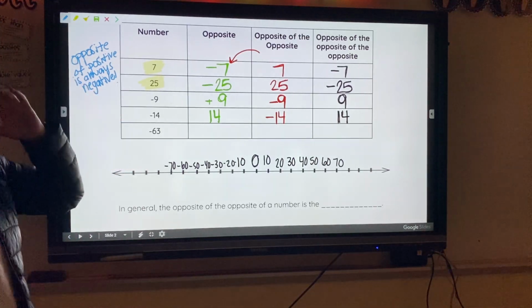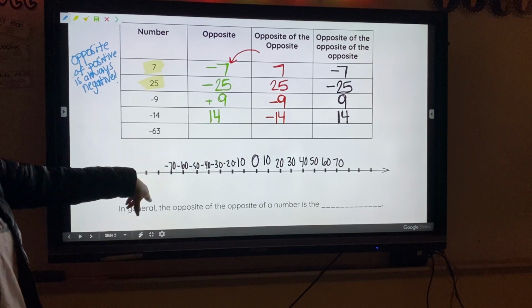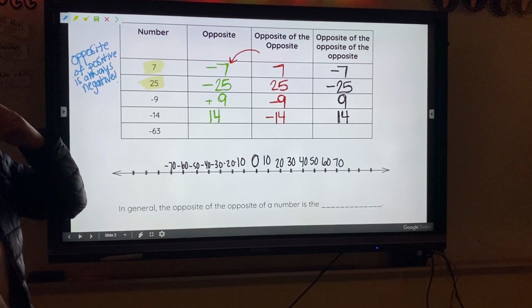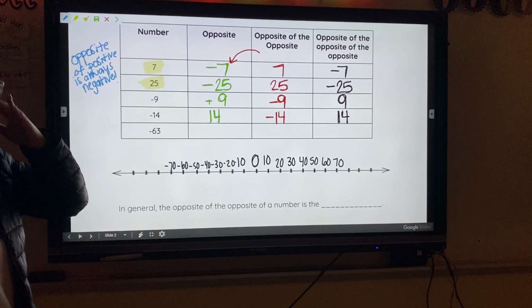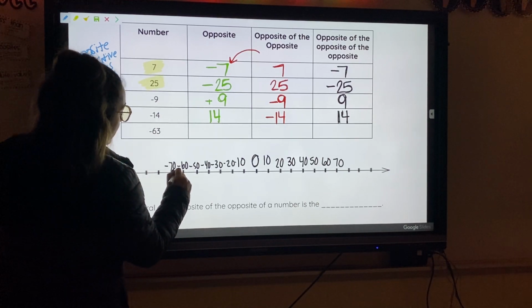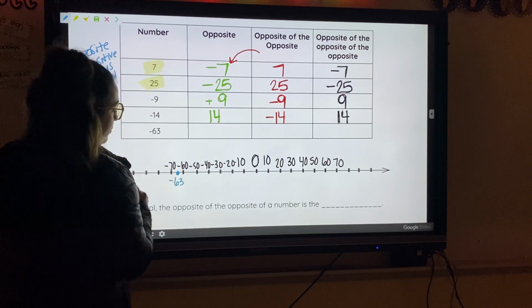So if I think of 63, right? What two numbers on my number line do you think 63 is going to be in between? If you're saying 60 and 50, you're off by a little bit. It's not going to be 60 and 50. It's going to be 60 and 70. So right here is going to be negative 63.